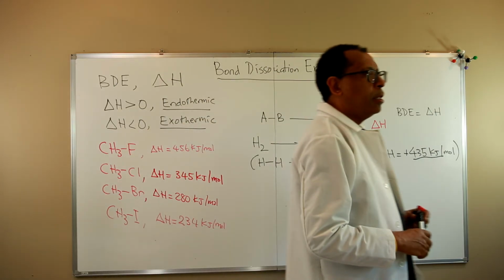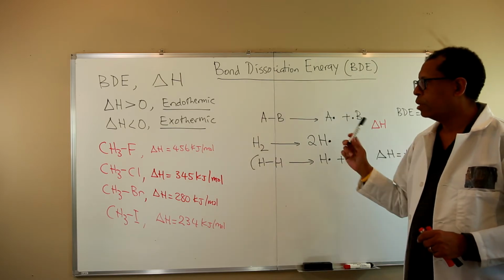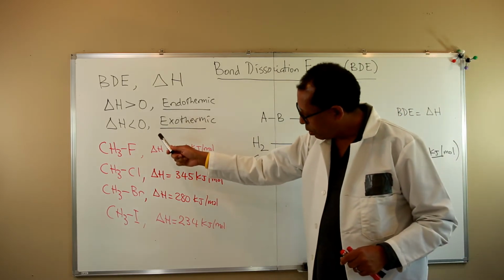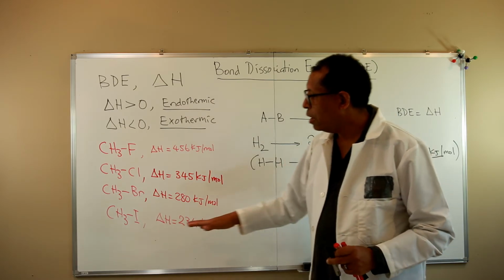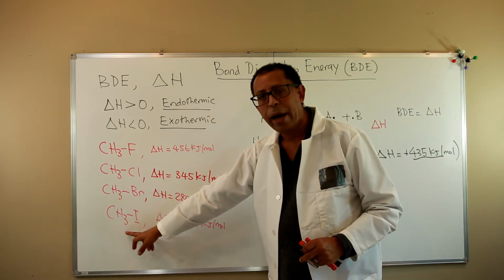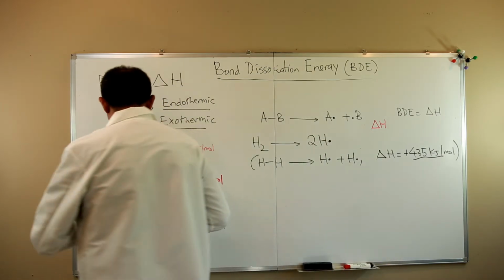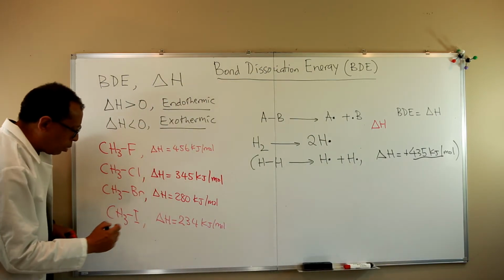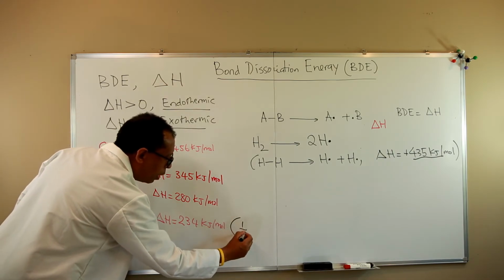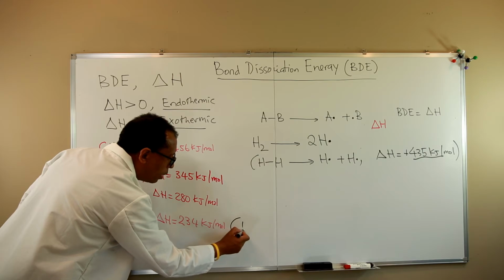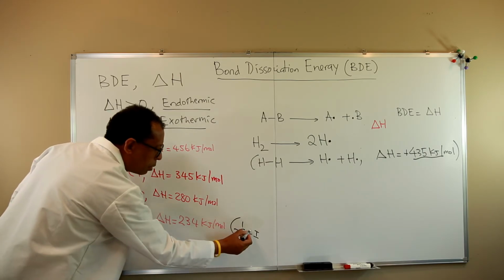So they have their respective bond dissociation energies. The bond dissociation energy, as you go down, is decreasing. That means it is easier to break the carbon-iodine bond in iodomethane.